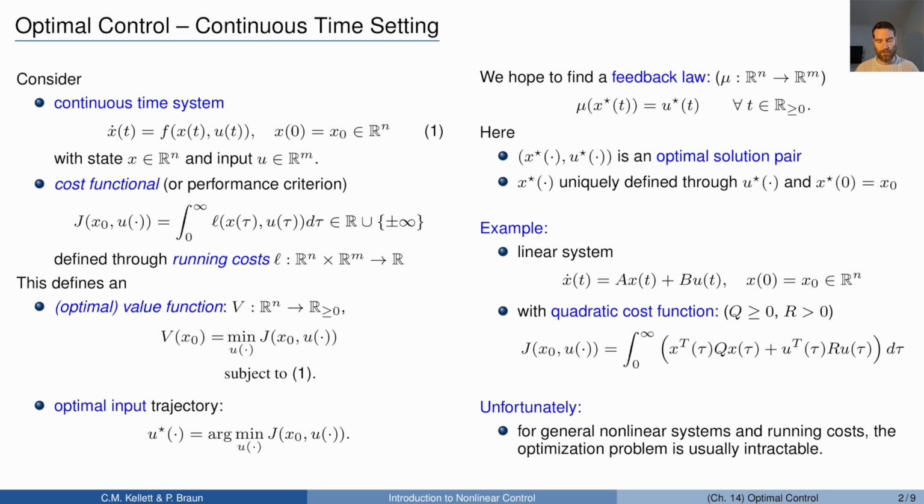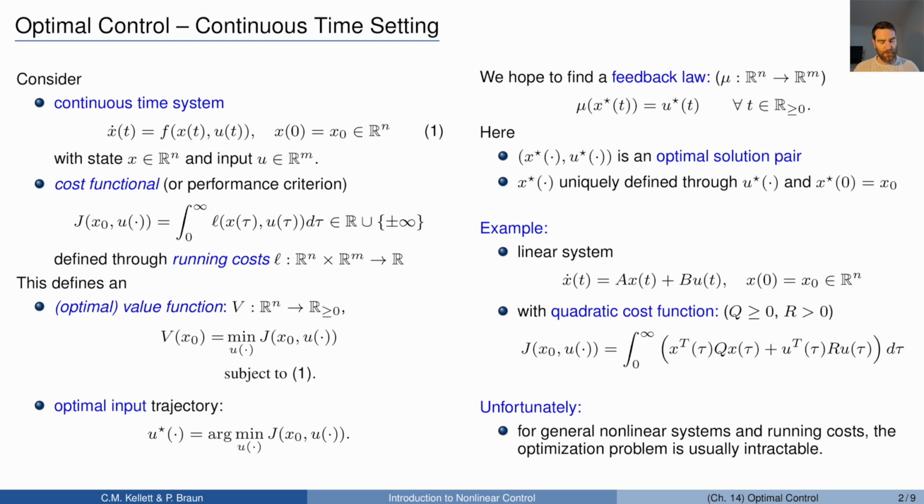Then what is usually done is to take a quadratic cost function defined through positive matrices Q and R, and to define the corresponding cost functional through this quadratic cost functional here by penalizing or calculating the value corresponding to x with respect to Q and the input u weighted by this matrix R.